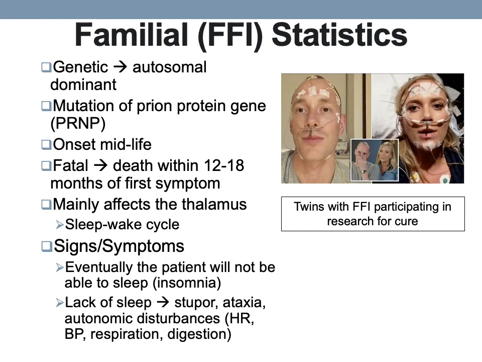Well, if somebody doesn't have sleep, and we did study how important that is in neuromuscle physiology, lack of sleep leads to stupor, ataxia, autonomic disturbances. It's going to affect their heart rate, respiration, digestion, and eventually they die from not ever being able to sleep.